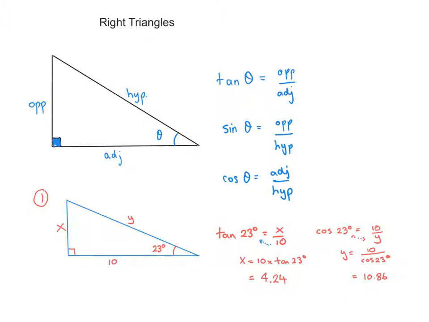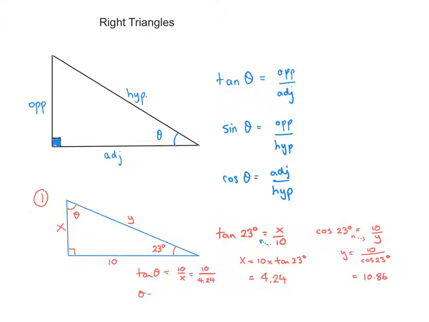Of course, we could work out the other angle easily by subtracting 90 minus 23, but if we do it by ratios, let's call this theta here. We know that tan of theta equals 10 divided by x, just in case we want to do it the long way, of course. x we know is 4.24, and this is going to be a very rough estimate.